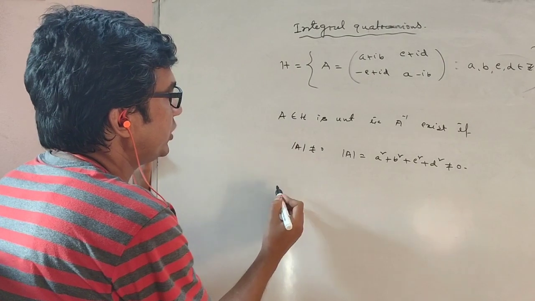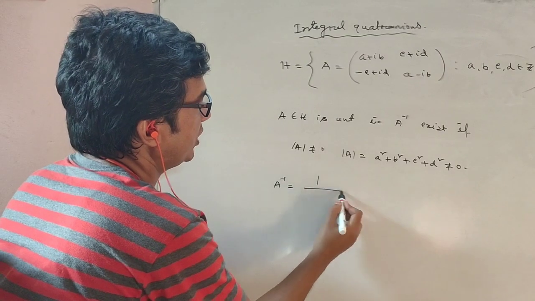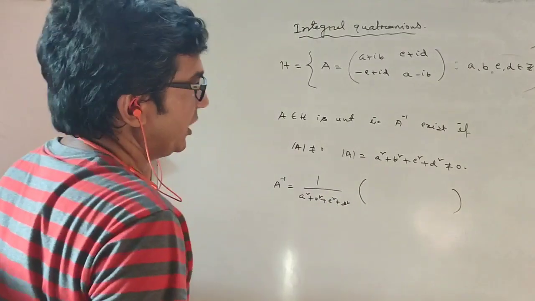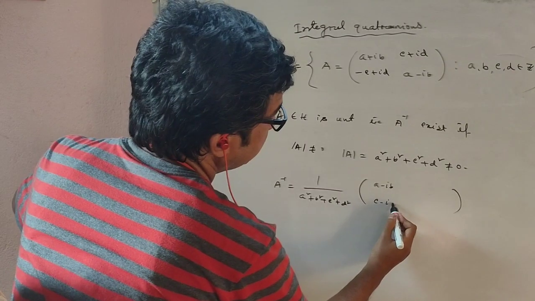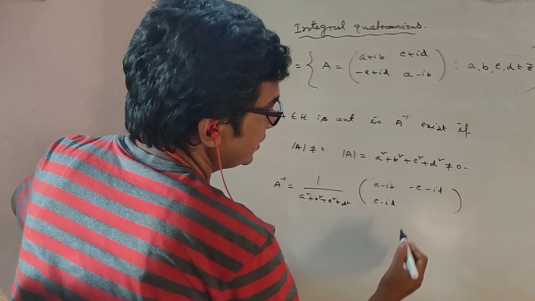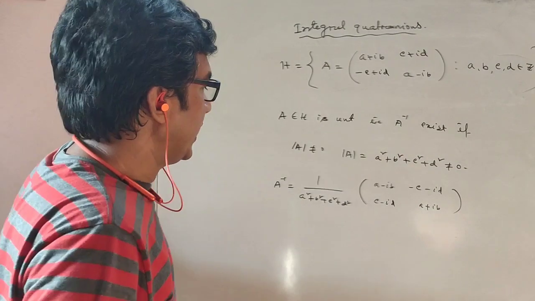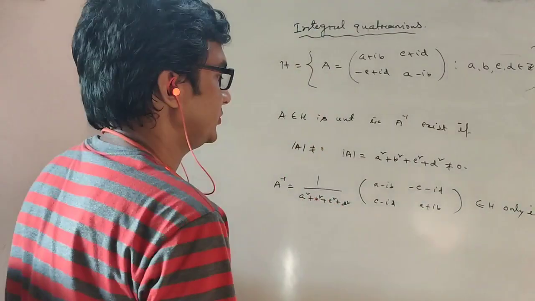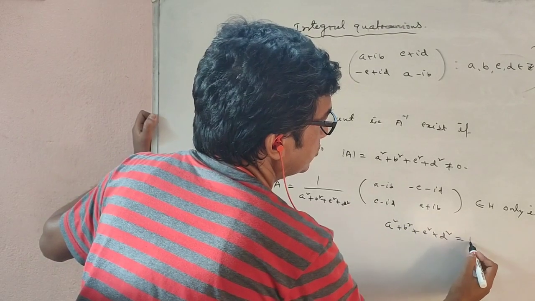Now if we find A inverse, then we get 1 by a square plus b square plus c square plus d square into the matrix a minus ib, c minus id, minus c minus id, a plus ib, and this belongs to H only if a square plus b square plus c square plus d square equal to 1.